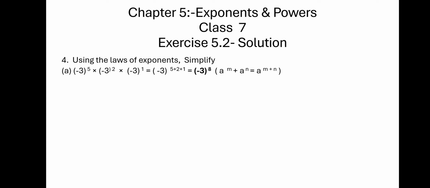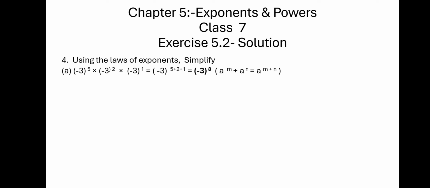Simplify using the laws of exponents. So you have to mention the law. Negative 3 raised to 5 into negative 3 raised to 2 into negative 3 raised to 1. So all bases are same, so we have to add the index or exponent.